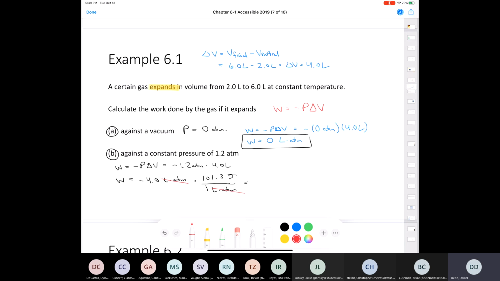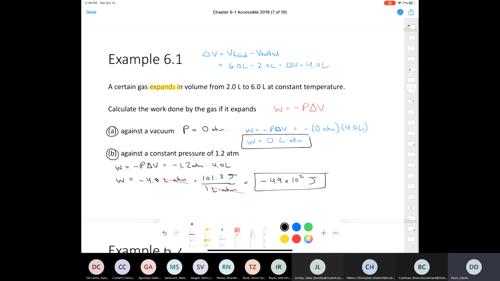We should only have 2 significant figures in our final answer, and we end up with negative 4.9 times 10 to the 2 joules. So that's around 490 joules of energy, as our work.